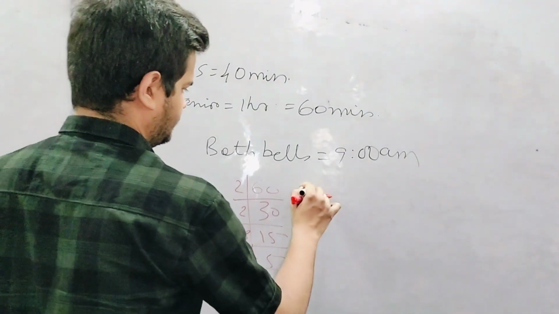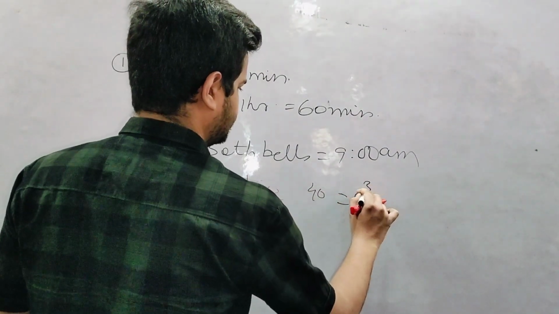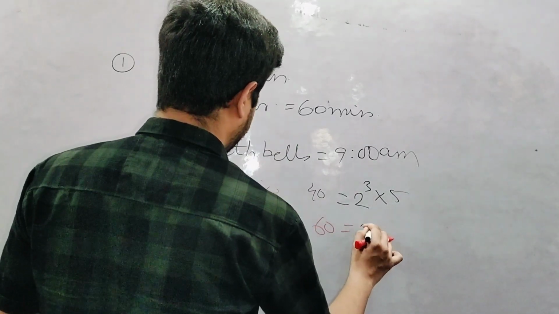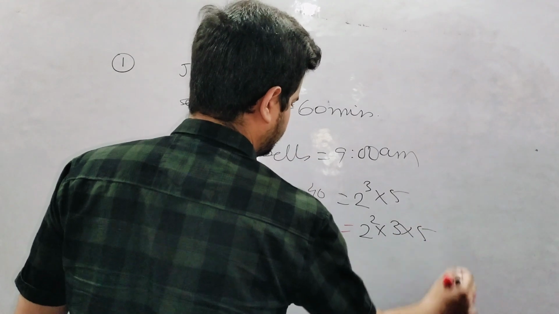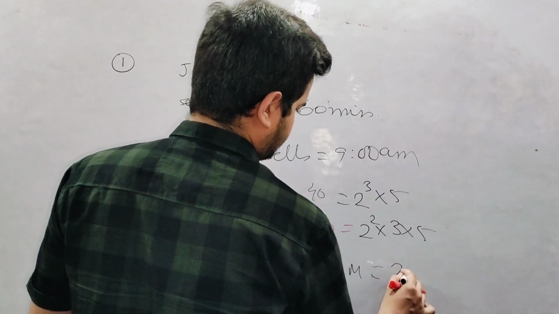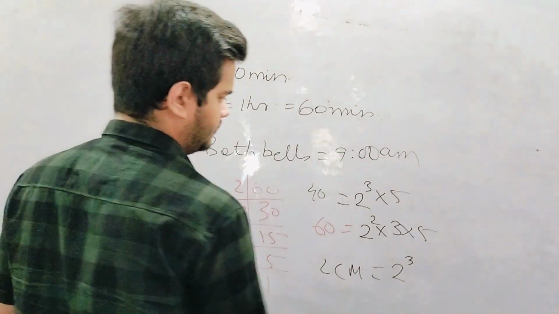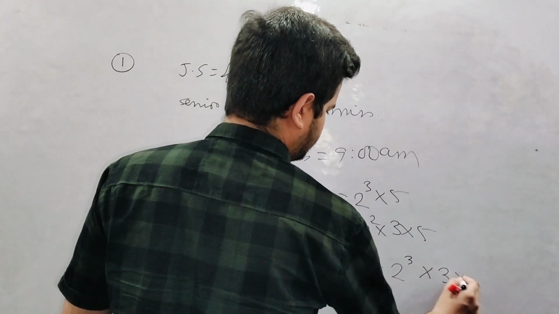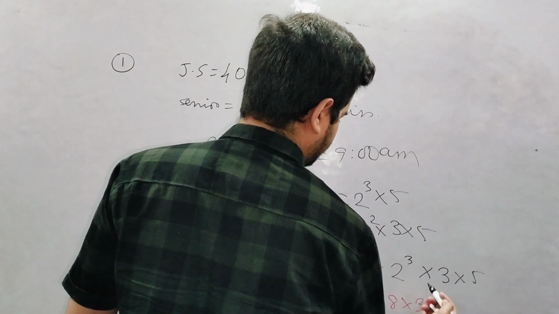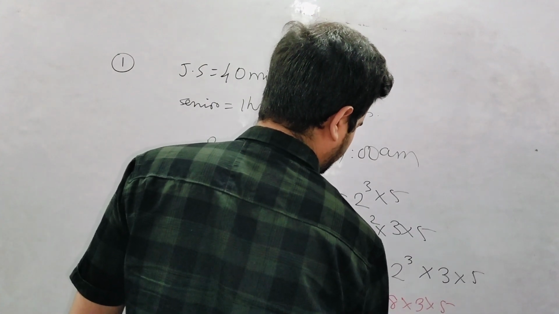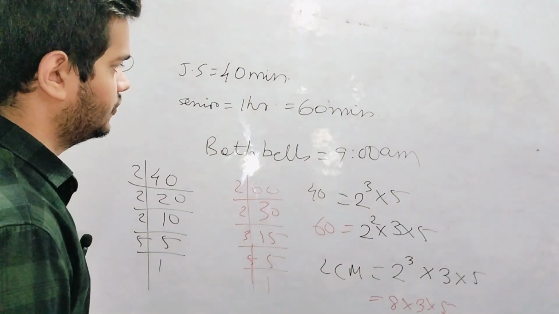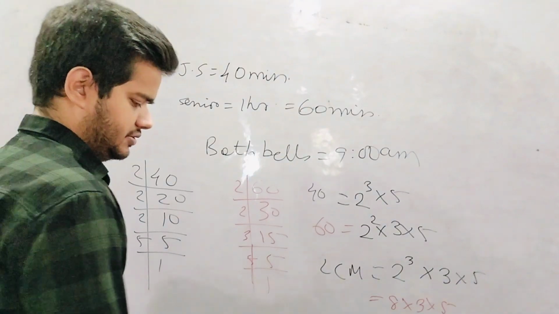The prime factorization of 40 comes out to be 2 power 3 into 5, and 60 is coming out to be 2 power 2 into 3 into 5. So the LCM becomes the product of the highest powers of the individual factors: 2 cube into 3 into 5, which is 8 into 3 into 5, which is 120. So these two bells will ring after 120 minutes.